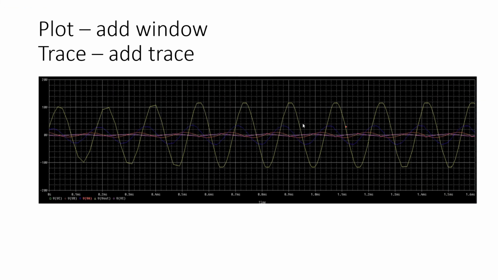Another important point is you have to see the phase shift at different points. This is the output, this is the input, for example. So you want to see this one. What is it? 60 degrees at each point of the RC. So this is the output, and then the points at point A, B, and C. If you want to make it a separate window, you just go to the PSpice plot, add window, and then you add trace.